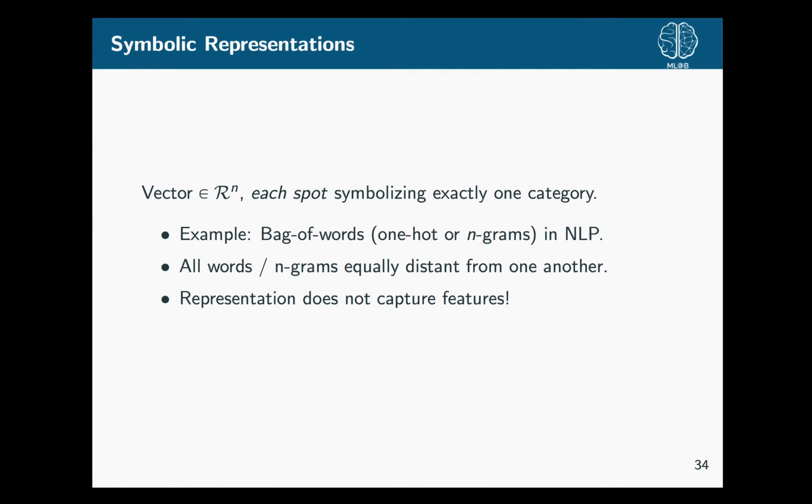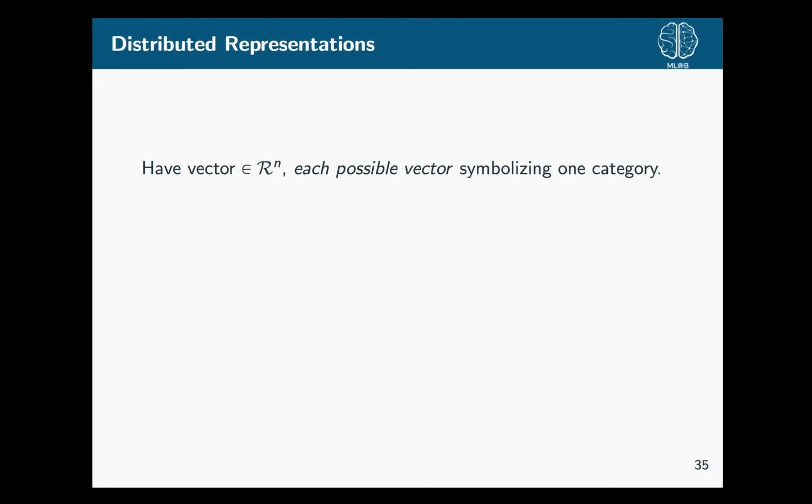And for example, for categorical variables that you would be putting into something like a logistic regression, the go-to way to do it is just to use one-hot encoding. But that suffers from these problems, because ultimately, for a vector of length n, you basically only have O of n possible representations. A better way to do it would be to have a distributed representation, where every different vector that you could build is a different category.